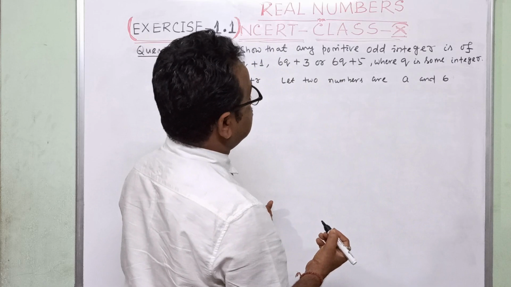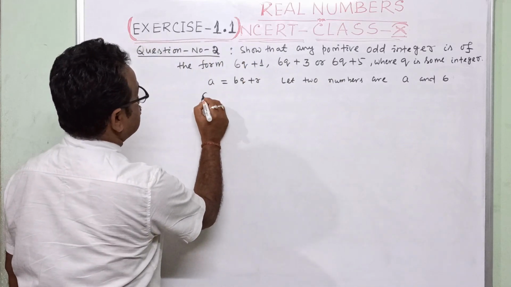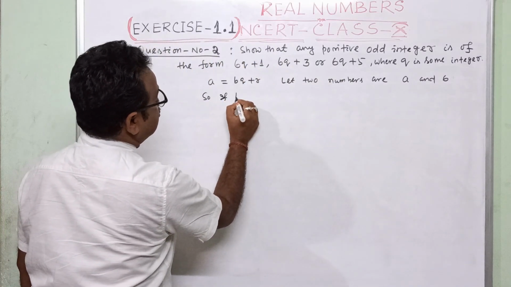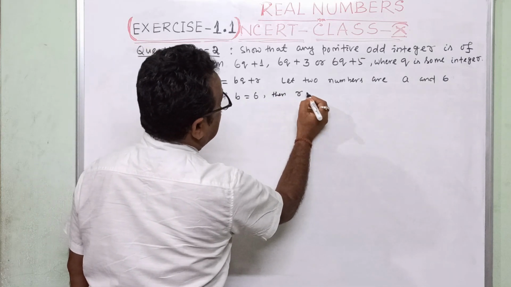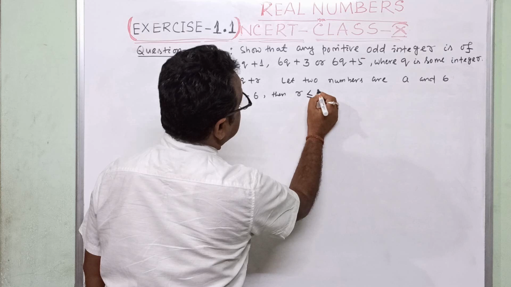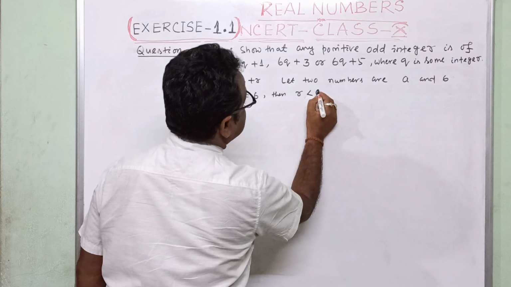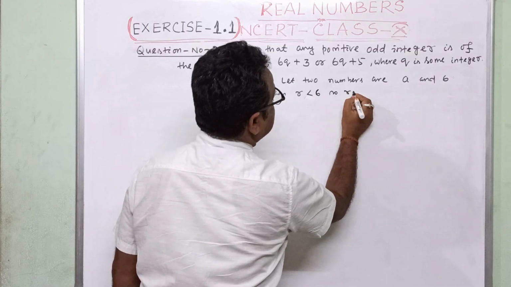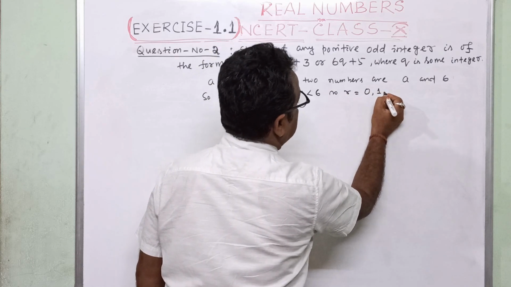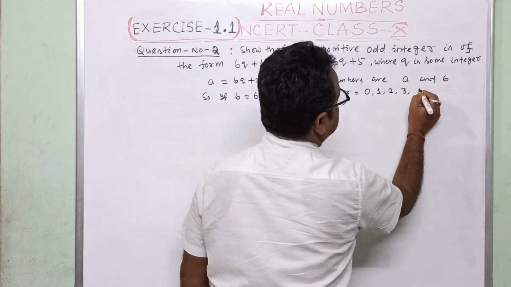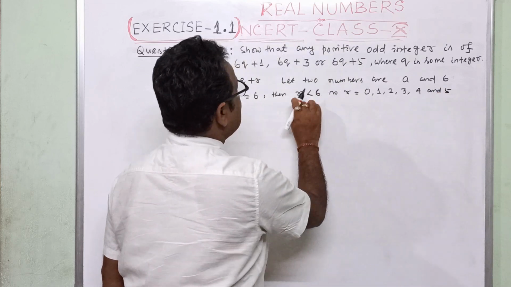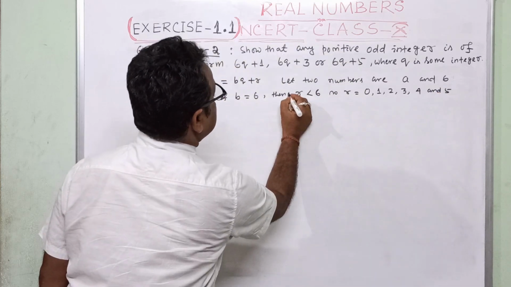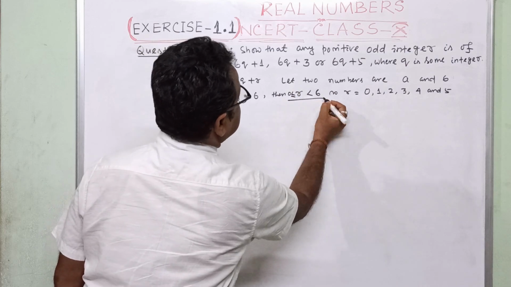If b = 6, then 0 ≤ r < 6, so r = 0, 1, 2, 3, 4 and 5.